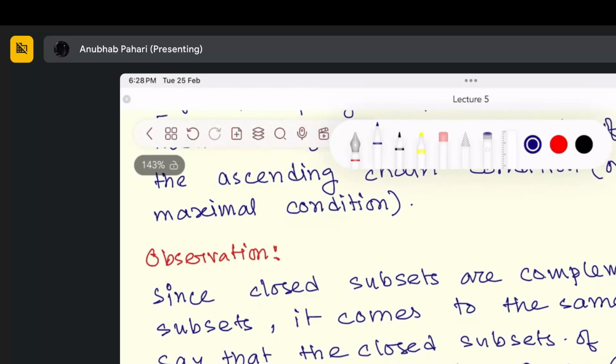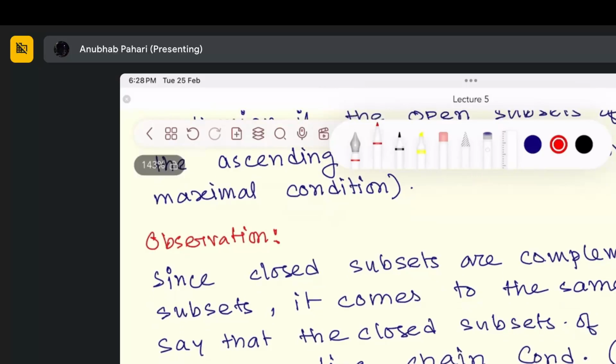So first let's do a lemma: a Noetherian space is a finite union of irreducible closed subsets.